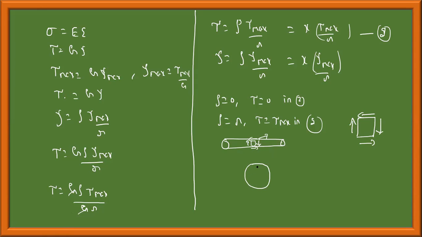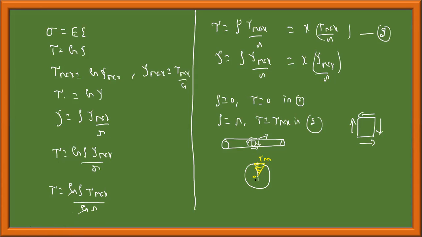Now if you take the left hand face, this is zero at the origin. If I take only this radius, the shear stress is maximum at the outer fiber. It is a linear distribution. Maximum at the outer fiber, tau max, and then it decreases and becomes zero. Similarly, in the other direction, tau max decreases and becomes zero.